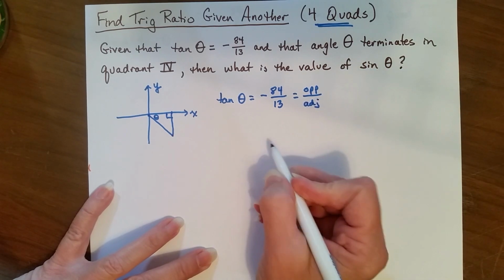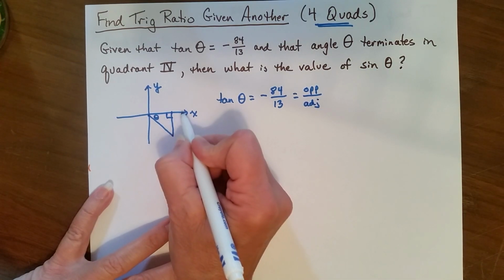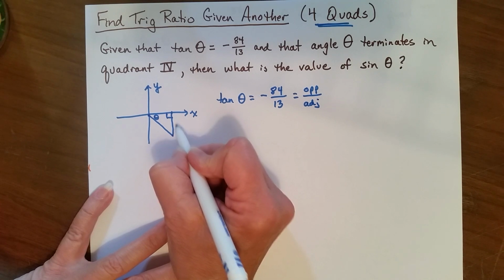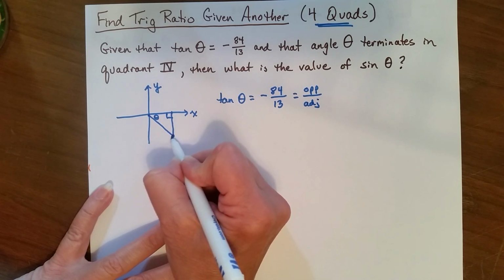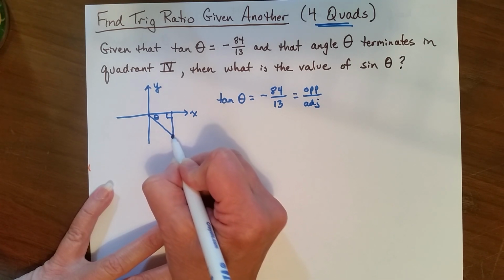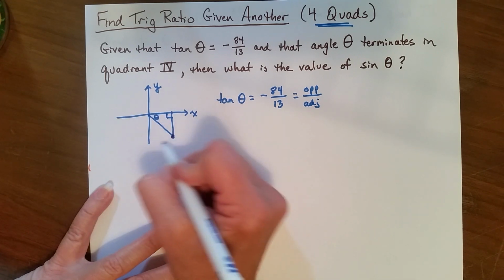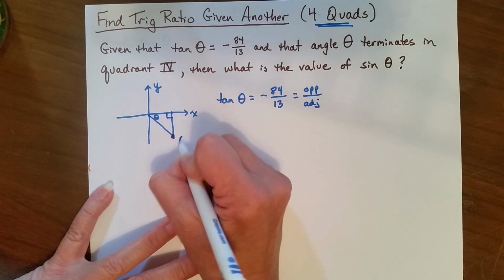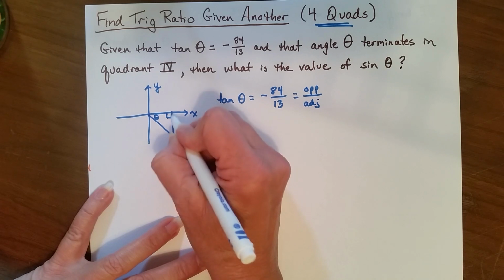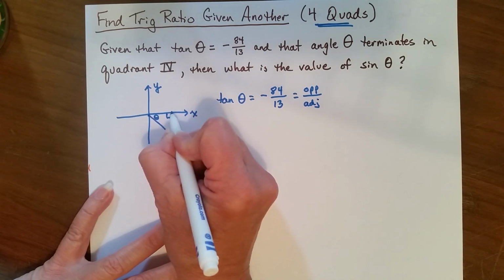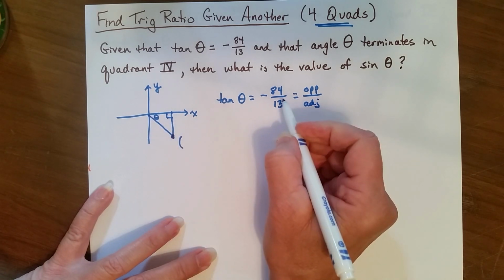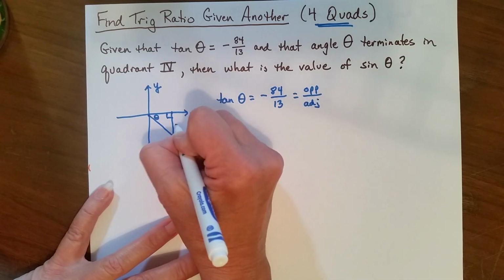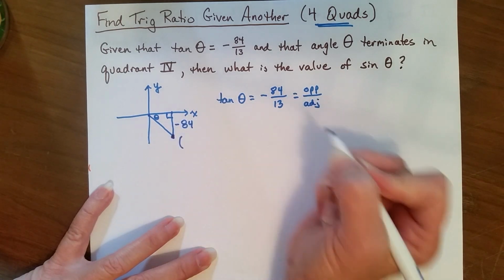Okay, now here's theta. Now the opposite, notice that we're going down. If I were to name a point in this quadrant, this would be a negative. I would go positive, negative. So opposite is actually negative 84 right here.